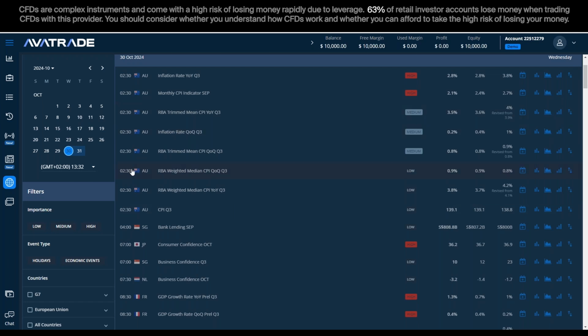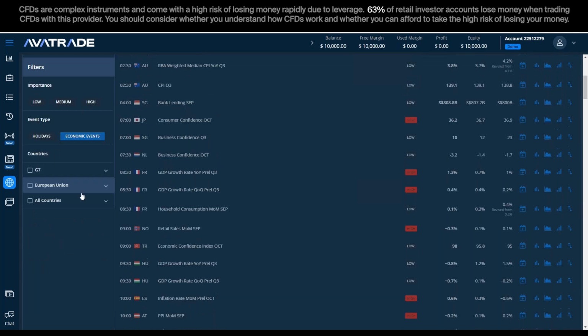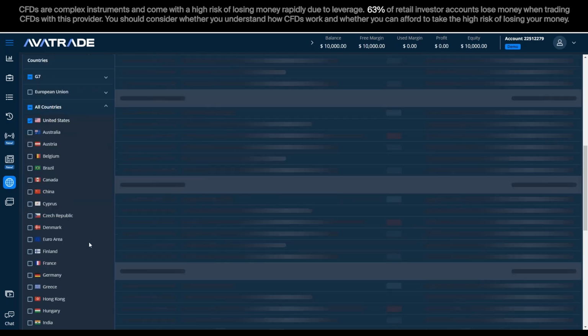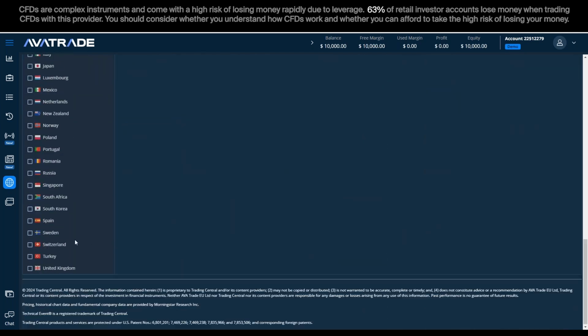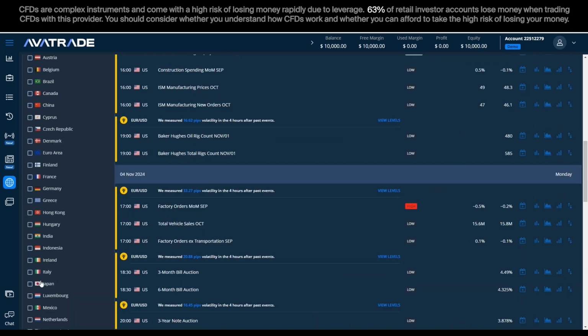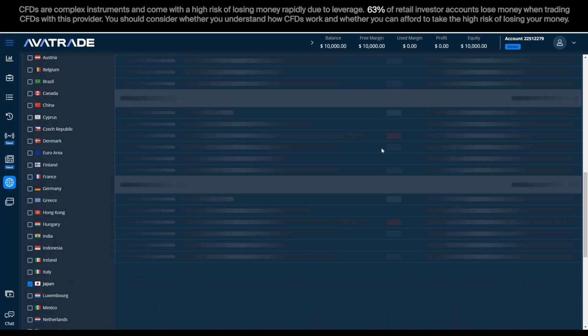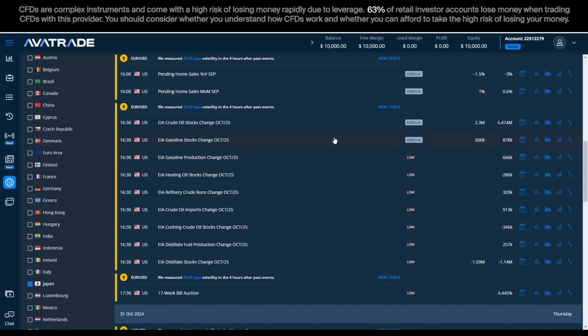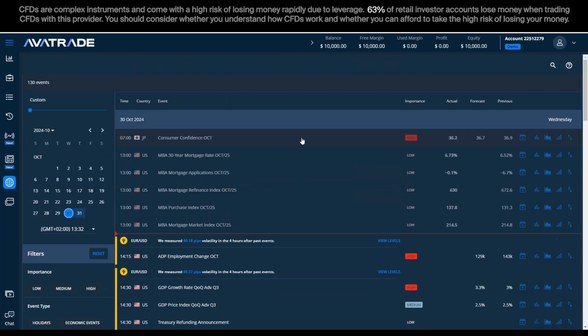So for instance, let's suppose that I'm mainly trading USD, and I'm mainly trading the pound and also the yen. Then I don't want to see everything in here. What I want to see is yen, pound, and dollar.